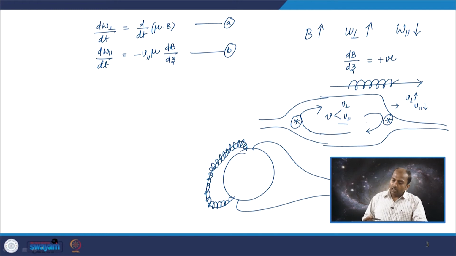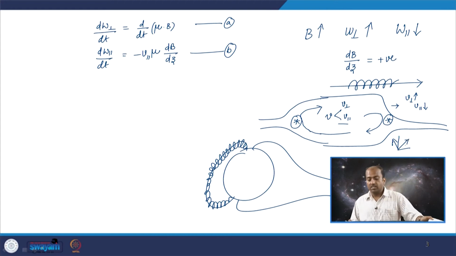So, for example, if the particle's velocity angle at this point of mirroring is greater than 90, you say that the particle is coming back into the weak field region. Of course, if it is less than 90, you can simply say that the particle is not in the return path, rather it is going into the strong field. So the particle is lost.